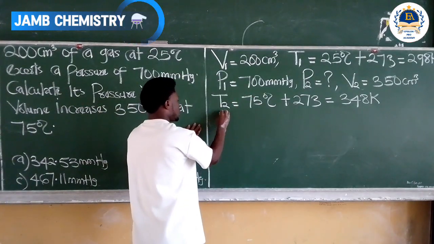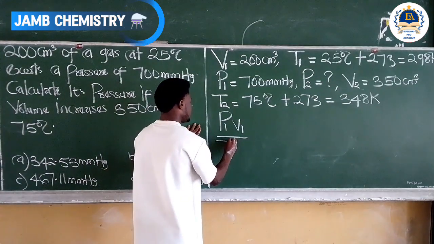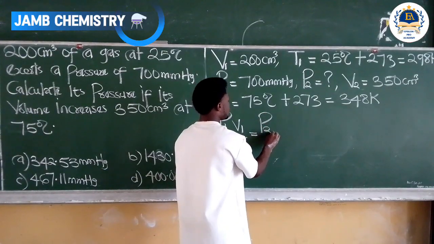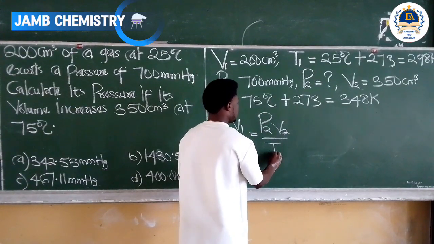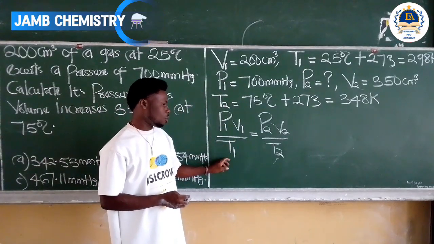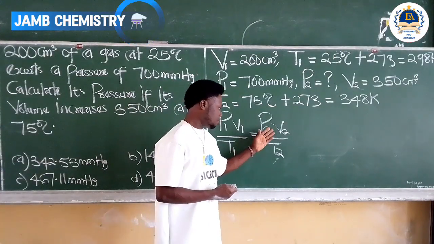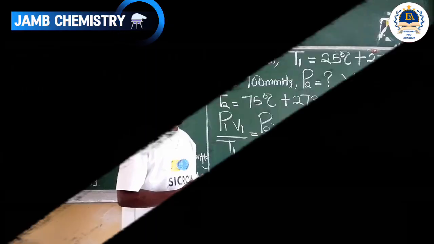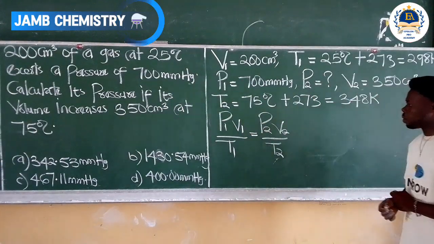The general gas law formula is P1 V1 all over T1 is equal to P2 V2 all over T2, where P1, V1 and T1 are the initial conditions, whereas P2, V2 and T2 are the final conditions. We are required to make P2 the subject of the formula.